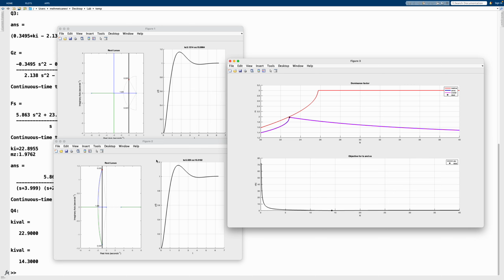There we go. Now, of course, if you plot the objective first, what you can do is you can look at this and then maybe chop off this unnecessary stuff here.